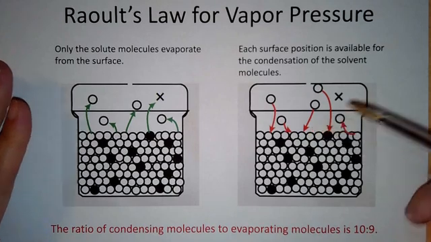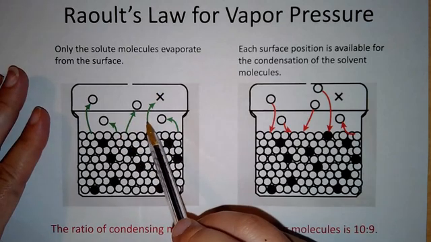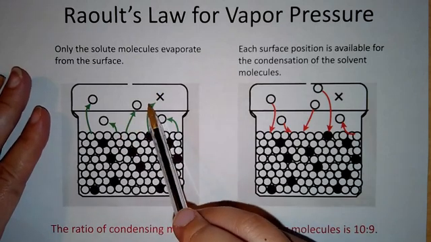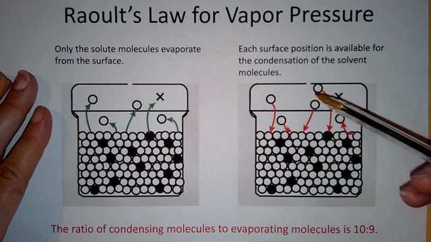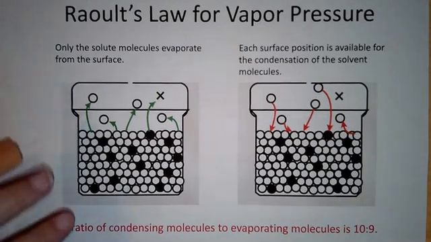Overall this leads to less vapor pressure because we have fewer molecules that can vaporize, but everything that can vaporize can recondense. So we have a vapor pressure lowering based on the concentration of our solution. The more solute molecules that we have, the lower the vapor pressure becomes.